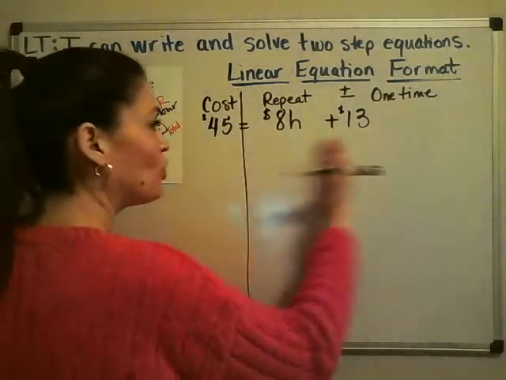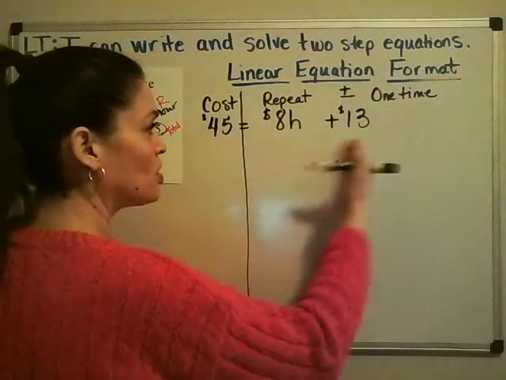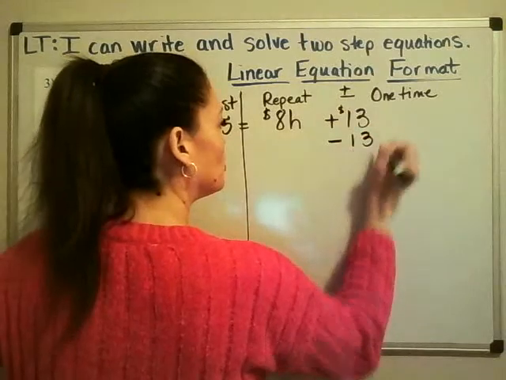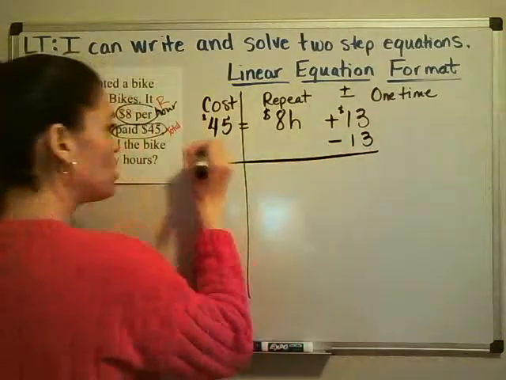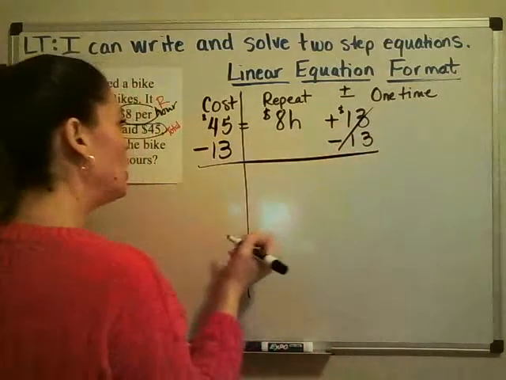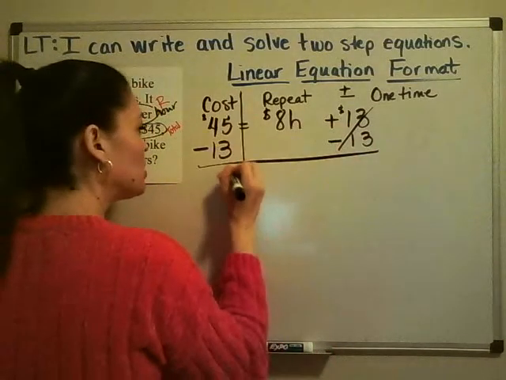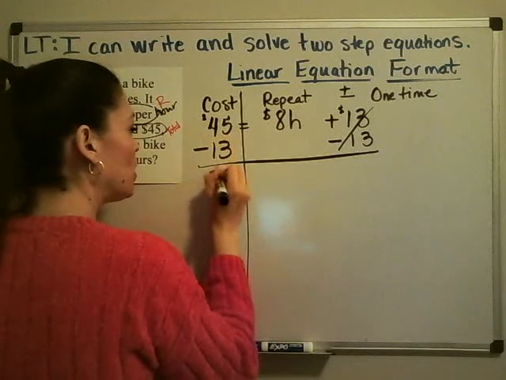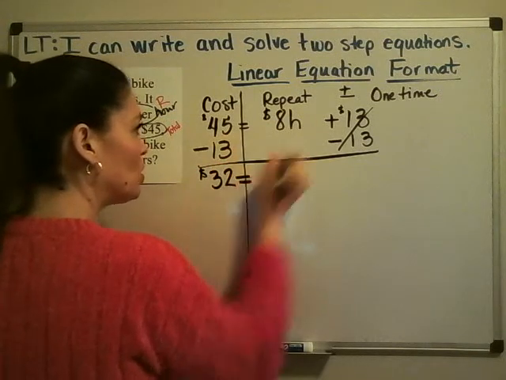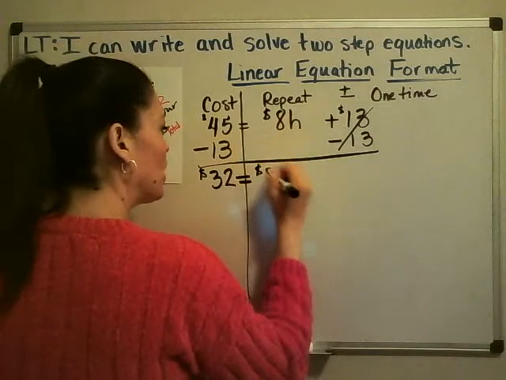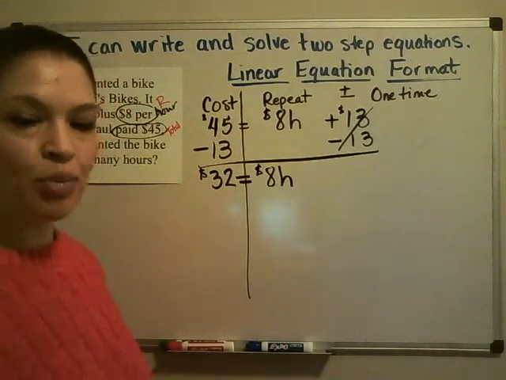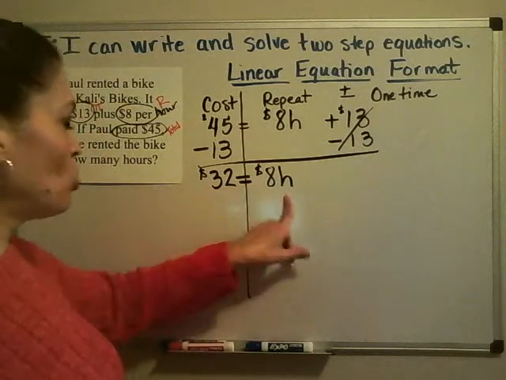We have to move the constant first, which here would be 13. So I'm going to subtract 13 from both sides. Those cancel. And let's see, 5 minus 3, that's 2. 4 minus 1, that is 3. It's money equals my $8 per hour. Oh, that's looking pretty good. Now I have a one-step equation.